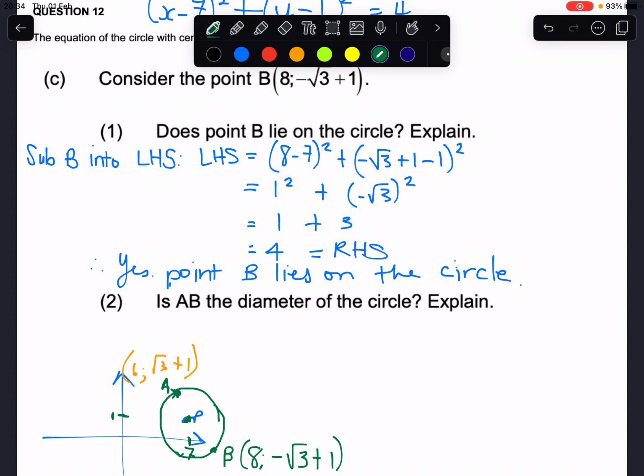So let's look at something that very obviously doesn't look like the diameter, right? So let's say B was somewhere here.